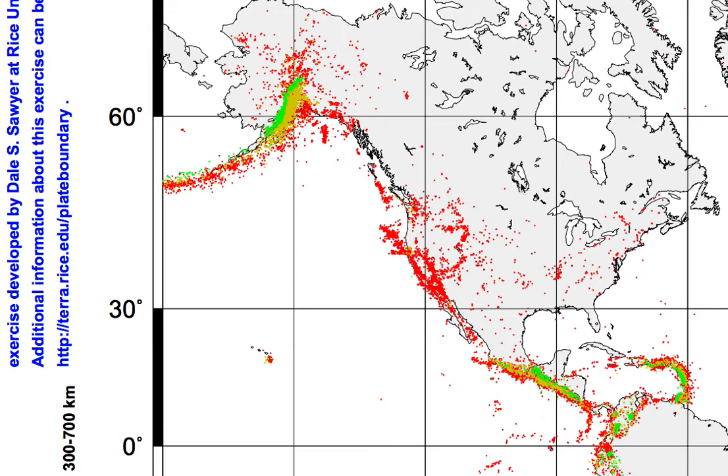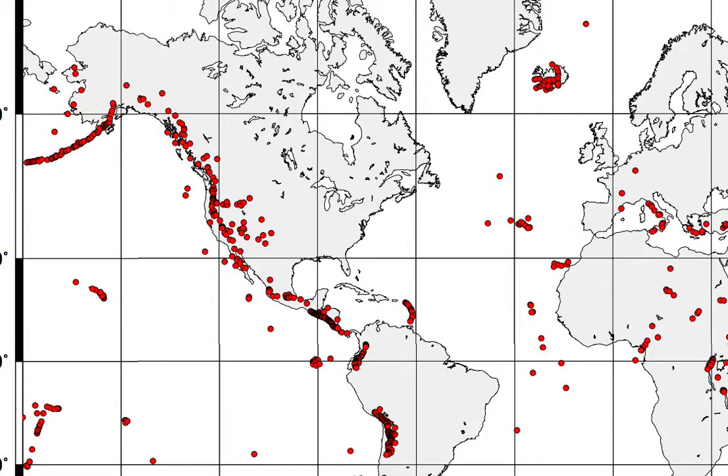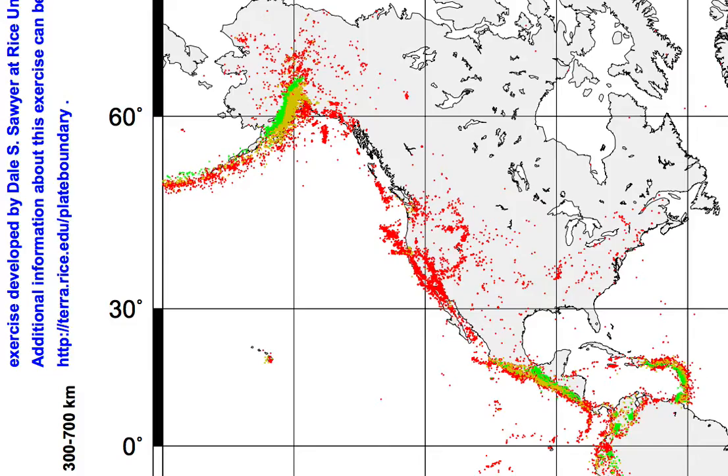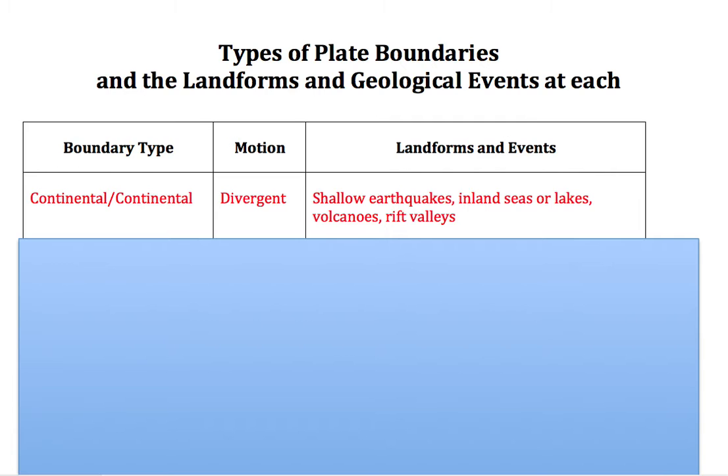Finish up our maps project to provide the final product that we need in order to compile the information found on these three graphs. I'm going to be going through this data table that we started in notes a long time ago, and you will need to know what landforms and events are evidence of each type of boundary.